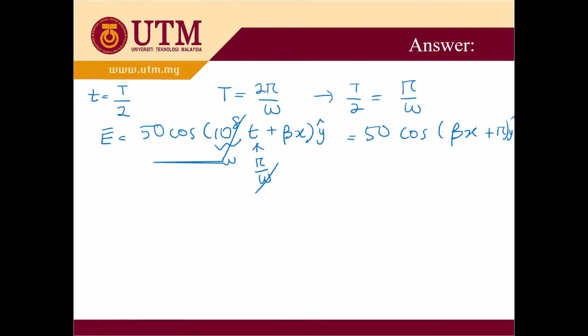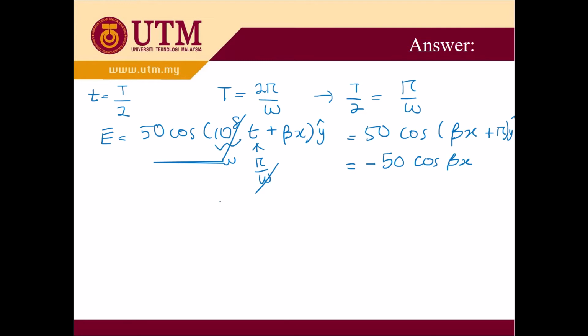When we have plus π, we can simplify into E equal to negative 50 cos βx, because plus π.